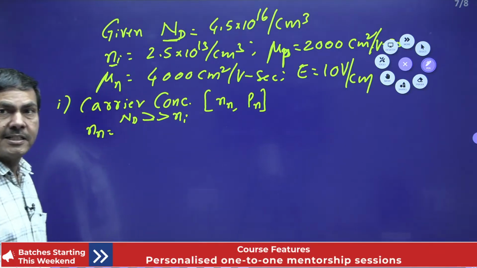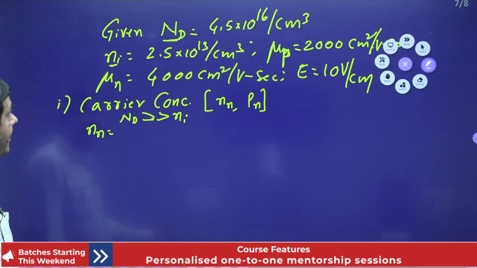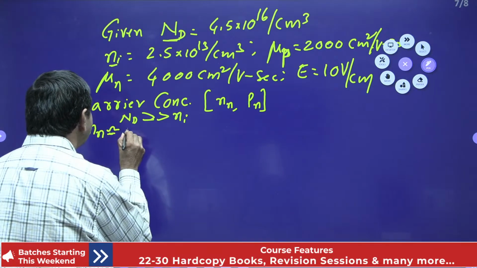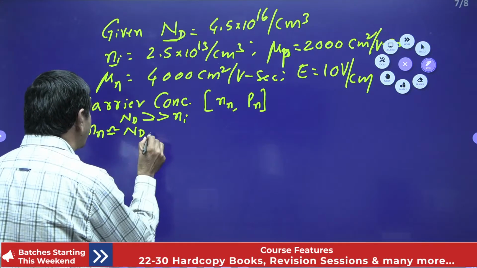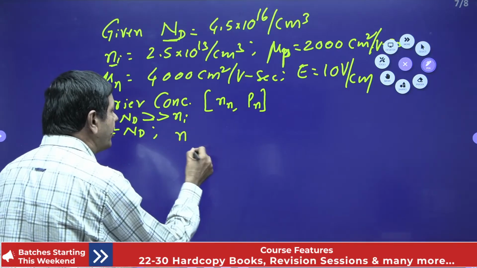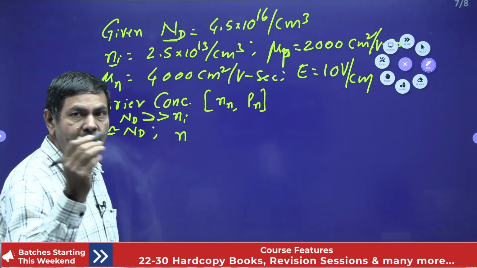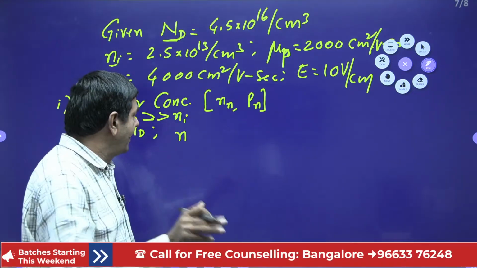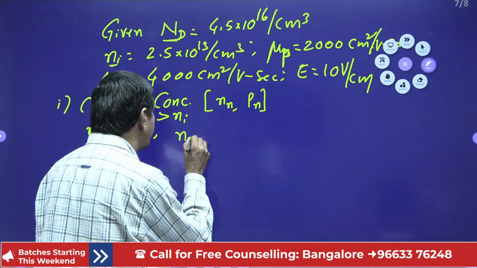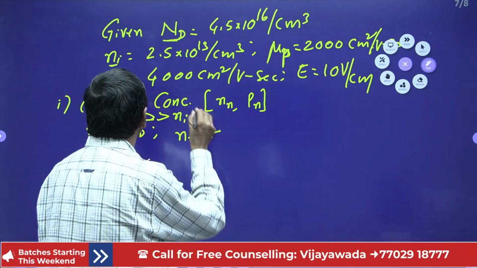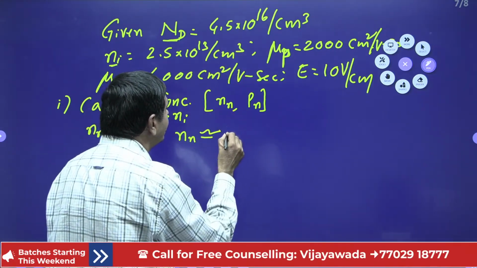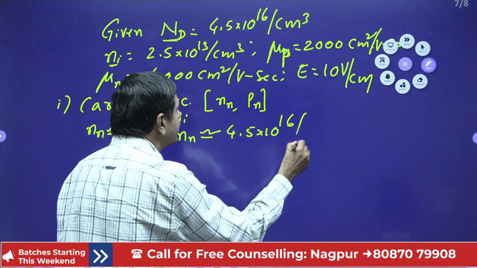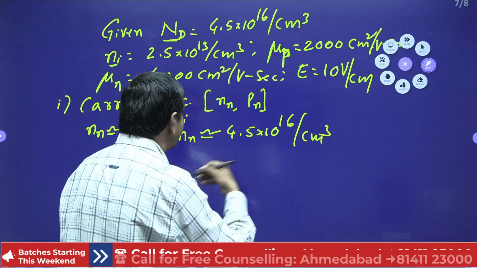Whenever Nd is far greater than Ni, Nn is approximately equal to Nd. We need no formula of Nd plus the square root; that formula is not applicable. Directly Nn is approximately equal to Nd, which is 4.5 × 10^16 per cm³. Yes, we are getting the Nn value.